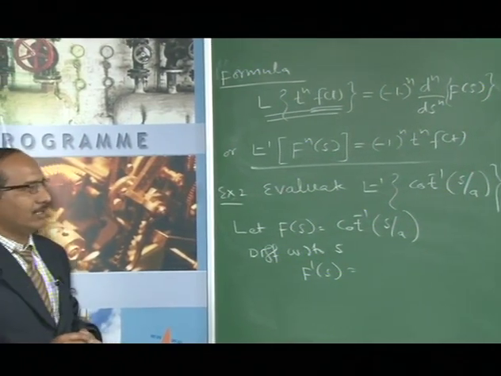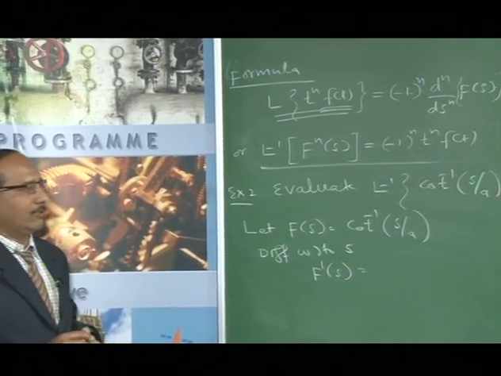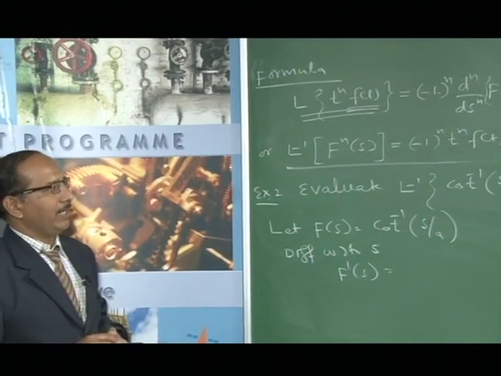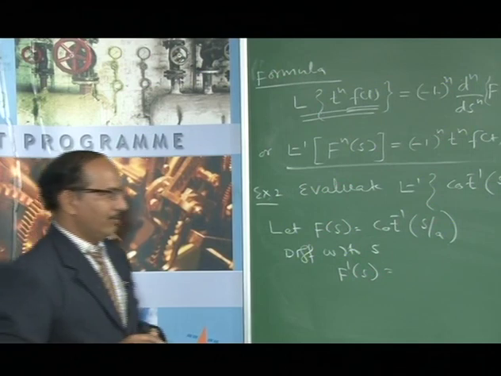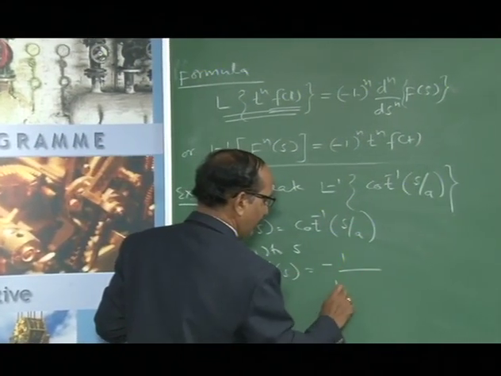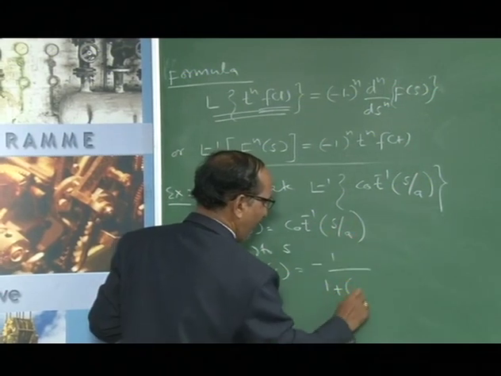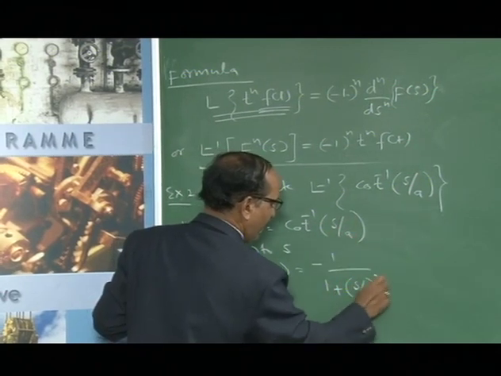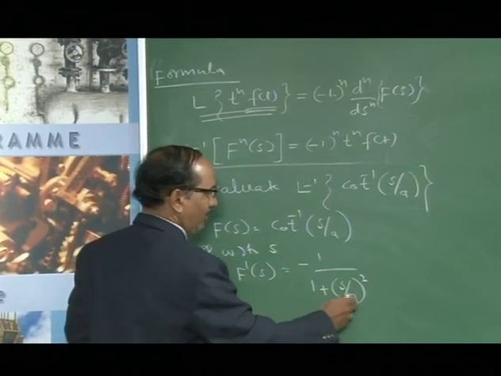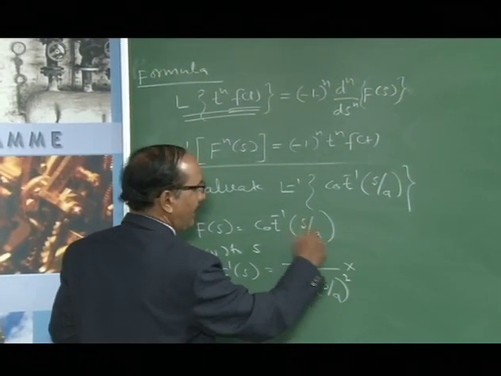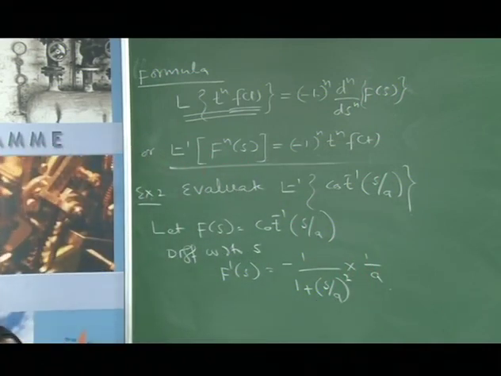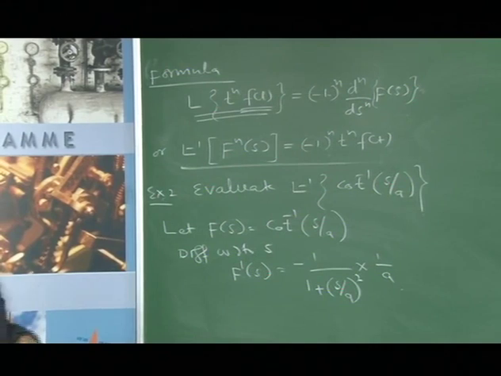We know tan inverse of x derivative is 1 divided by 1 plus x square, and the derivative of cot inverse x is minus 1 divided by 1 plus x square. So, the cot inverse derivative is minus 1 divided by 1 plus (s by a) whole square, into the derivative of s by a, that is 1 by a. So, that completes the derivative of cot inverse s by a.